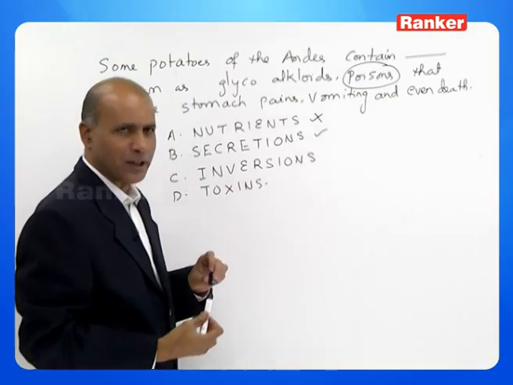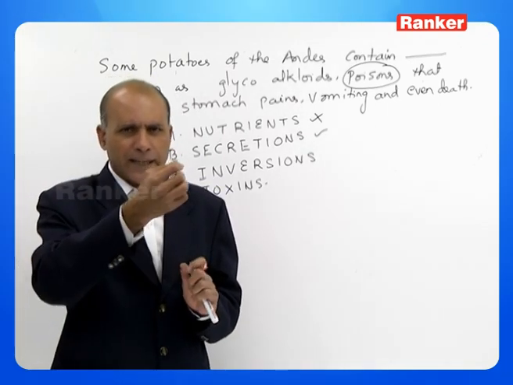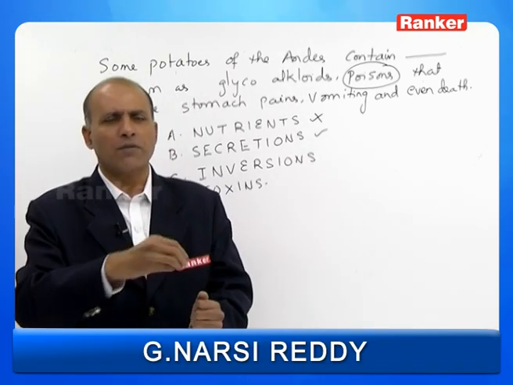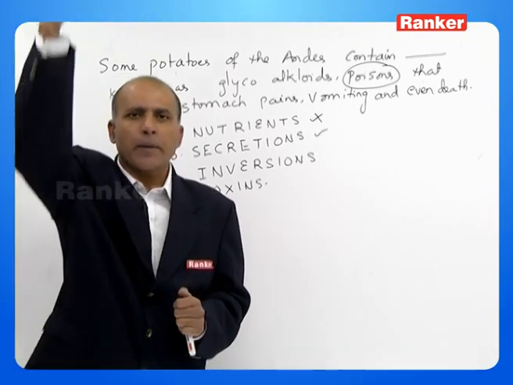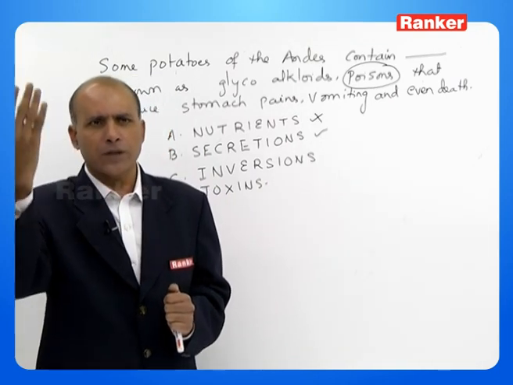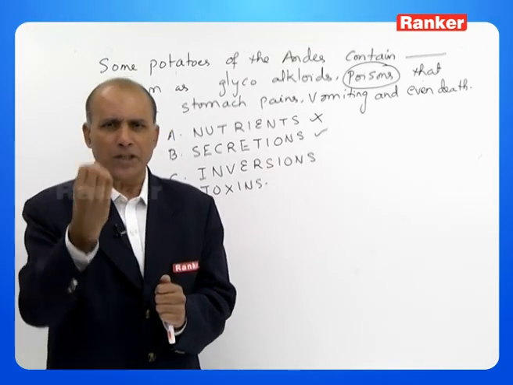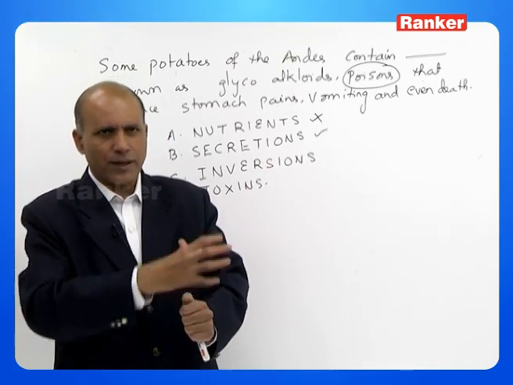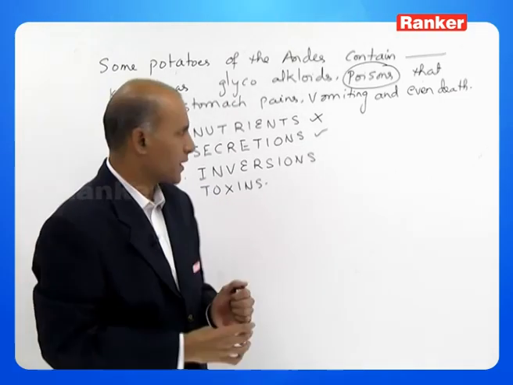What is a secretion? In certain plants, a type of liquid comes out of the plant or even animal. If you have seen a toddy plant, people collect toddy. How? They cut the fruit and from that fruit some secretion comes. So any liquid oozing out of something is called secretion.